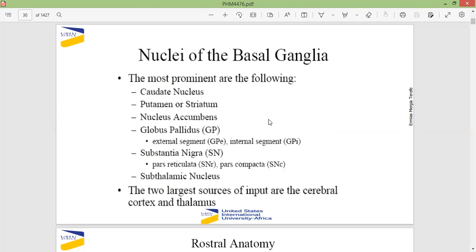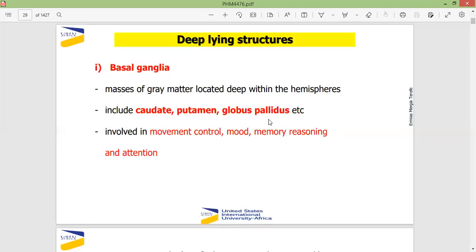I think that's where acetylcholine neurons are mostly located. Acetylcholine neurons. Something else about the basal ganglia?